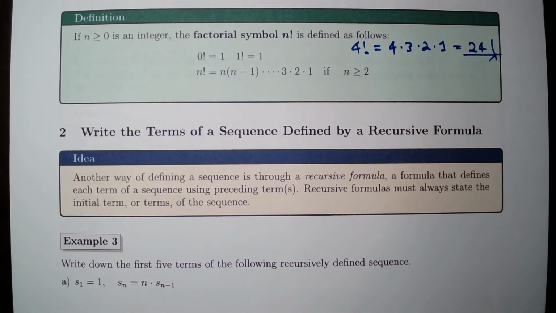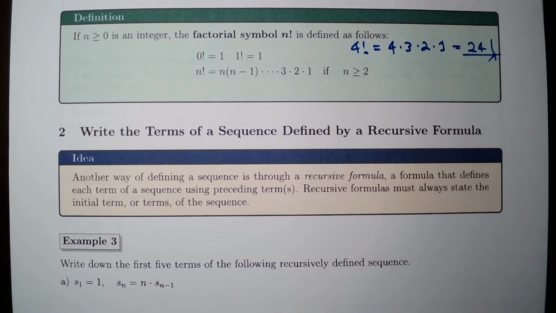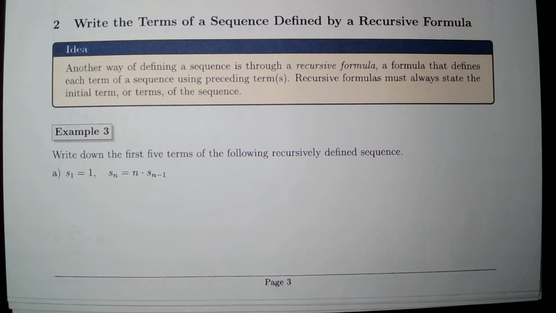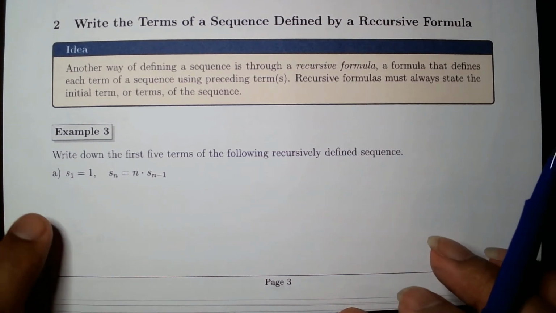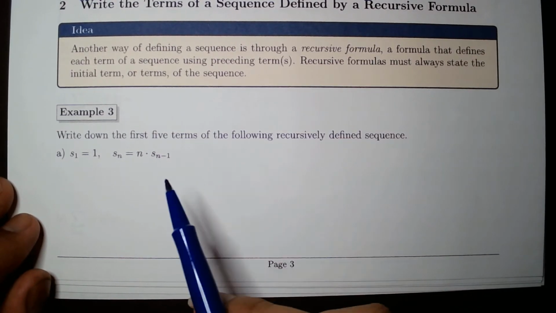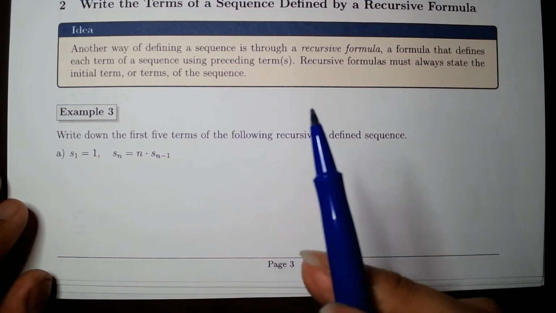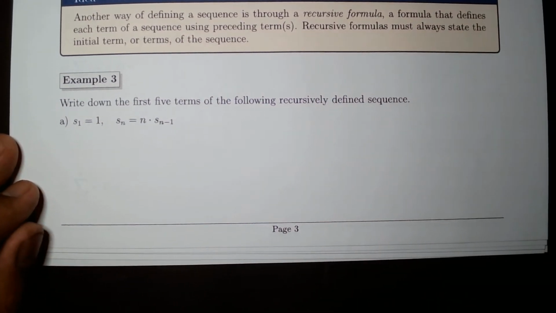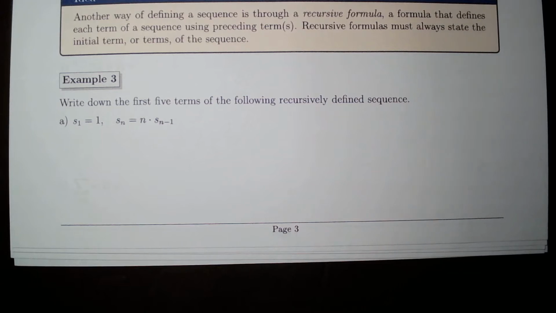All right. Another way to actually write the terms of a sequence is by using recursive formulas, and in this case we write the following term of a sequence relying on previous terms. So let's just do an example to show you what that really means.